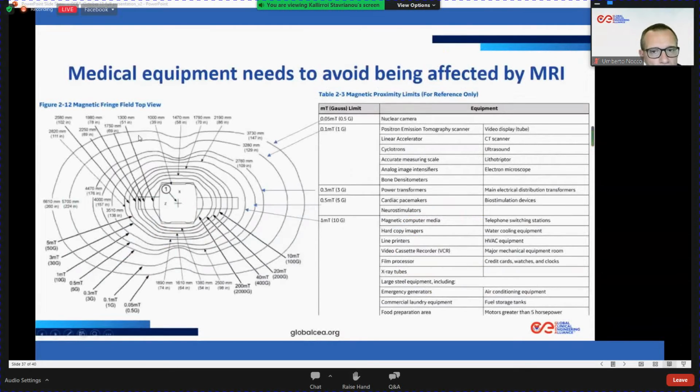The medical equipment also needed to avoid being affected by the magnetic field.